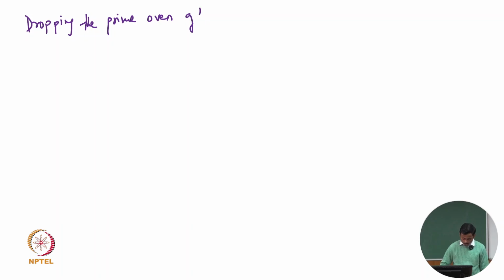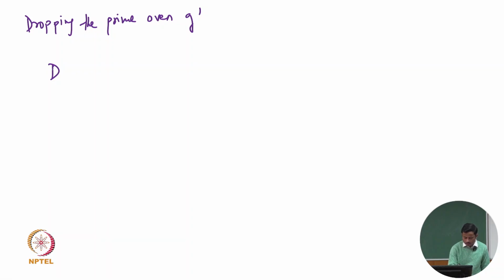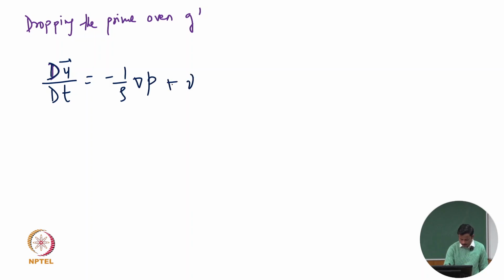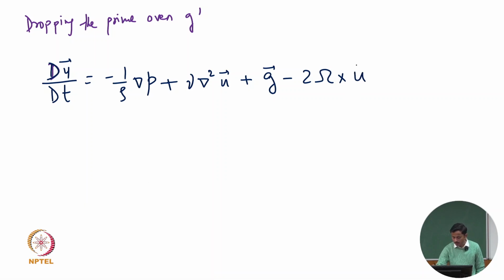So we write the momentum equation as follows. You can see now I have dropped the prime and there is no centrifugal acceleration here.